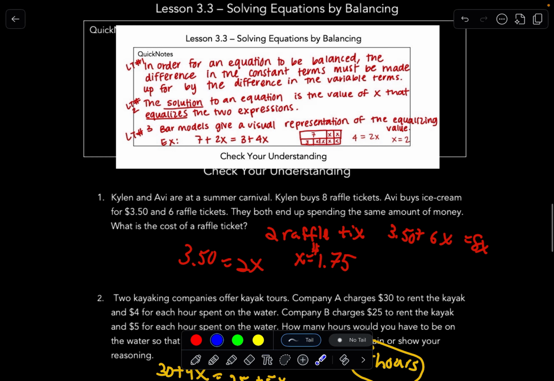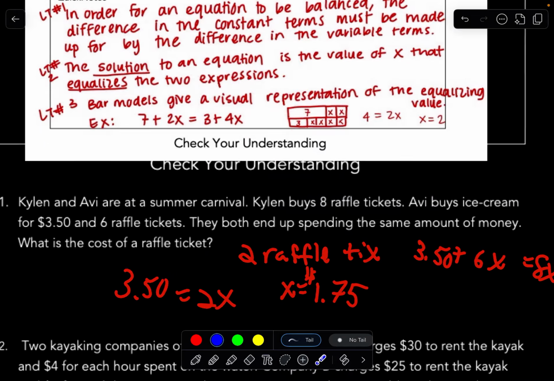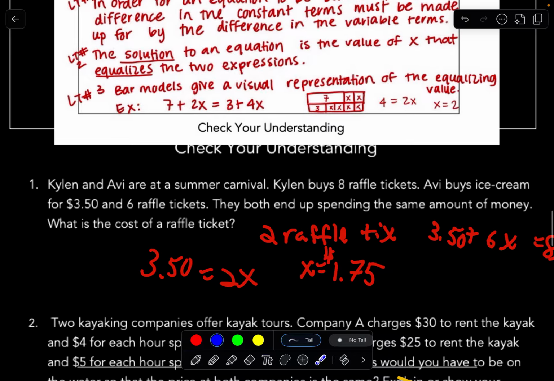They both end up spending the same amount of money. That's the key. So what is the cost of a raffle ticket? Well, Kylan buys 8 raffle tickets, and Avi buys $3.50 of ice cream and then 6 raffle tickets. So if they're both equal, that means 8 minus 6, that 2 raffle tickets must be worth the cost of the ice cream.